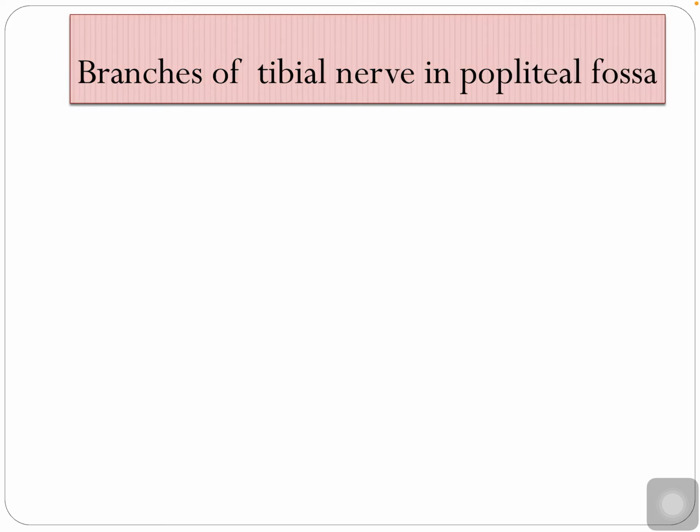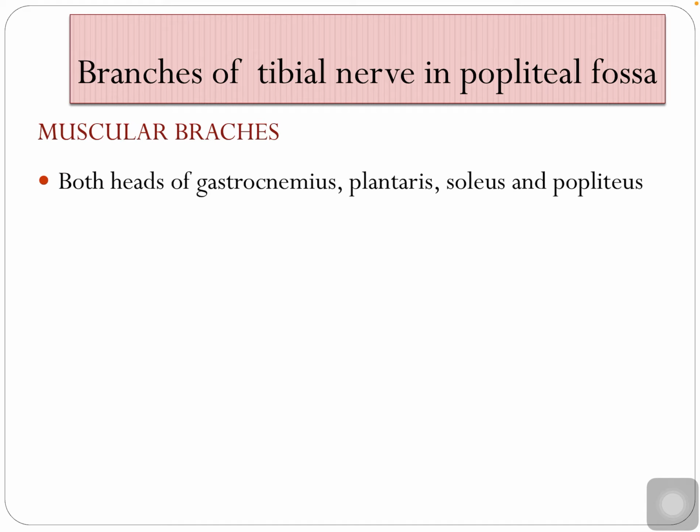Branches of tibial nerve in popliteal fossa: muscular branches. Now you should remember sciatic nerve has supplied the back of thigh. It has divided into tibial nerve and common peroneal nerve. This tibial nerve will continue in the back of leg, then enters the sole of foot as terminal branches.